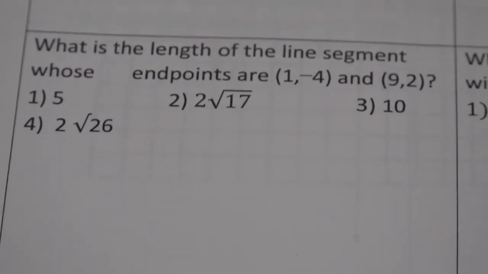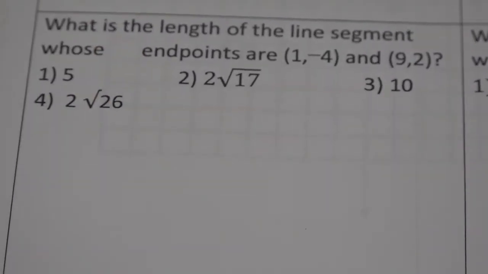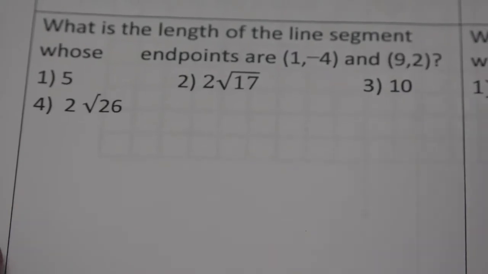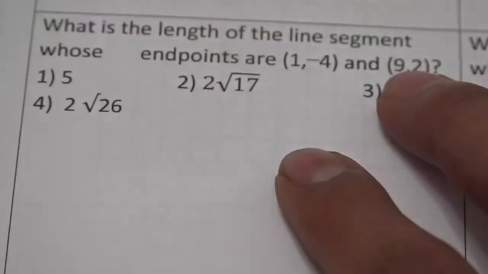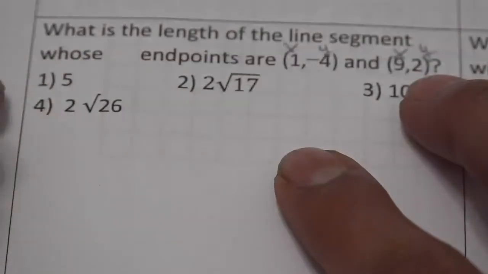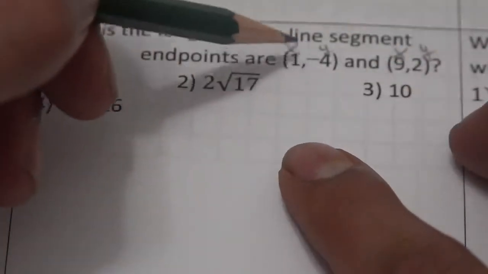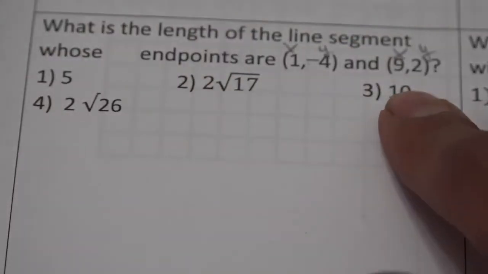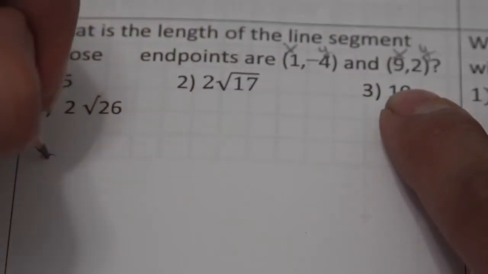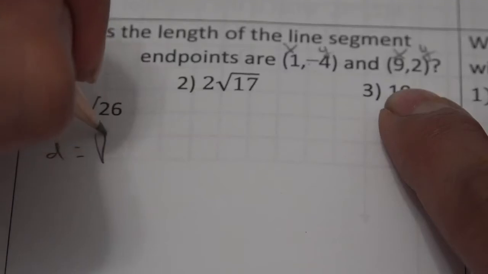All right. What is the length of the segment right here? Well, these are the endpoints. So this is x, this is y, this is x, this is y. Remember to follow the same order. I'm not going to label them 1, 1, 2, 2. I'm just going to call the first point that I see the ones and the second point that I see the twos. So let's see now. You already have your distance formula.